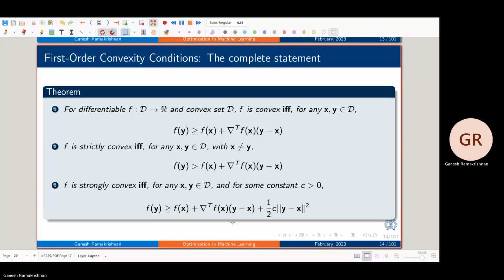It could meet at an infinite number of points. So strict convexity would imply that x comma f(x) will lie strictly above. That is what that second inequality is.